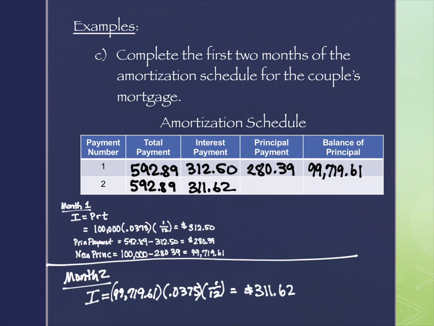How can I figure out again how much of my money went toward the principal? You subtract. So my principal payment is going to be my regular payment, so it's still the $592.89, but now I'm taking off the new interest number that I just got, $311.62.